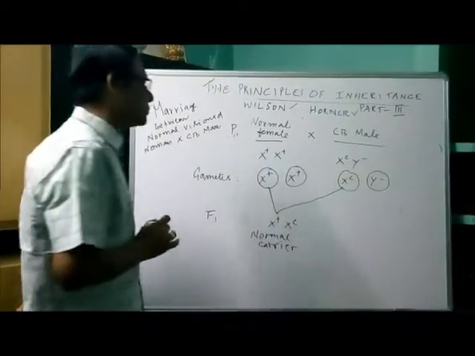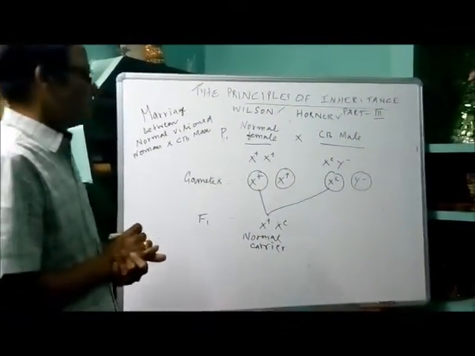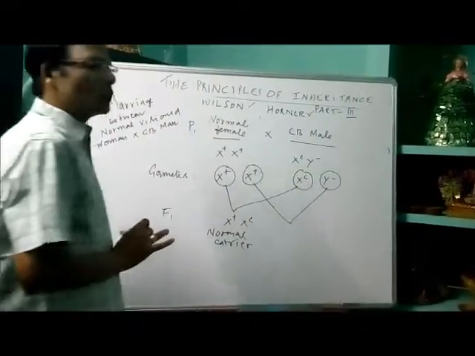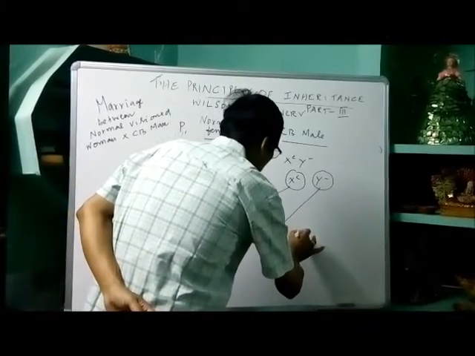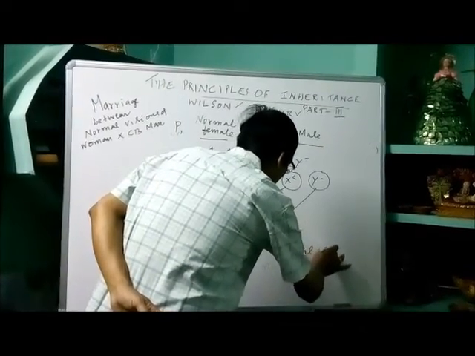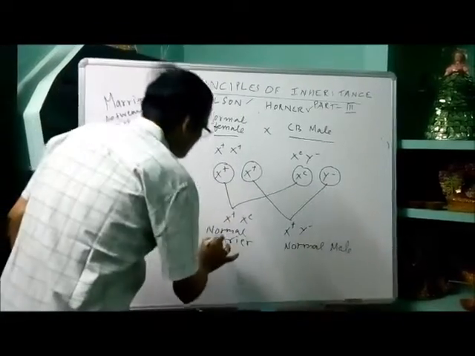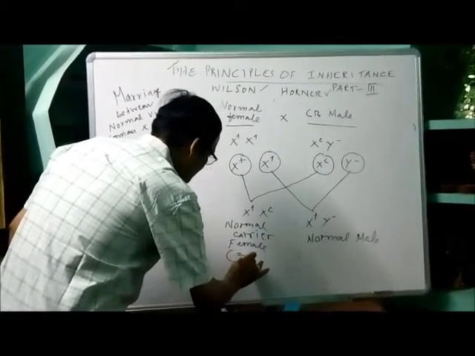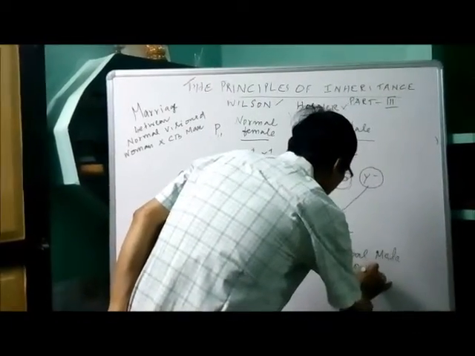There is no expression of the recessive gene because of the presence of the dominant gene. If the egg is fertilized by the sperm having the Y chromosome, we get a normal male. So we have normal carrier females, or the daughters, and here we have the sons.